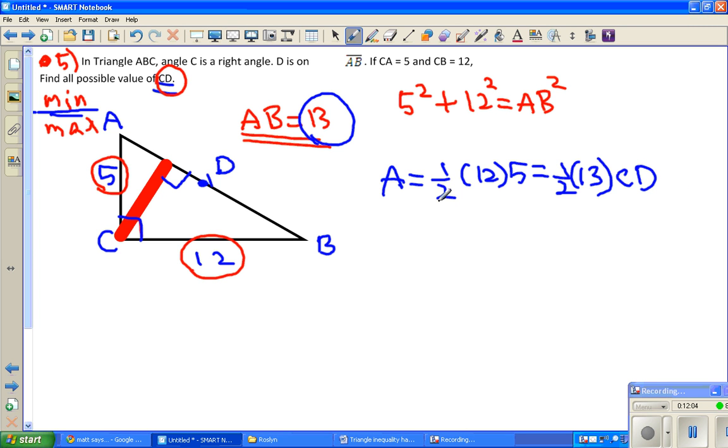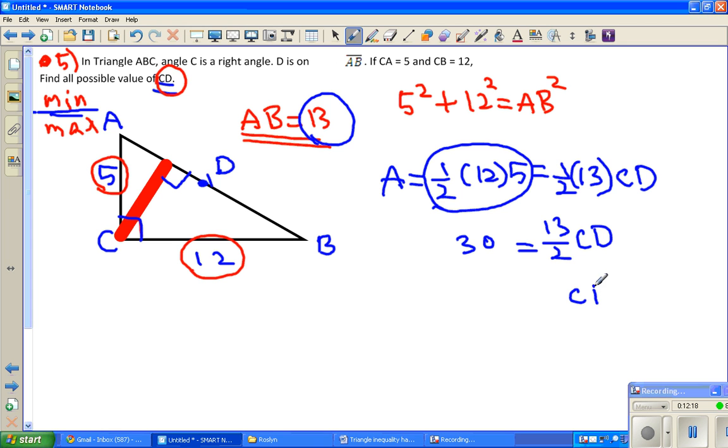Now, when you calculate the left side, it will be equal to 30. On the right side will be equal to 13 over 2 times CD. Now therefore CD then will be equal to 60 over 13. In fact, we have to remember that that will be the minimum.